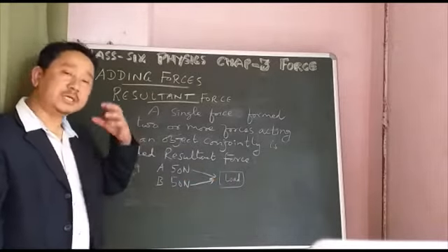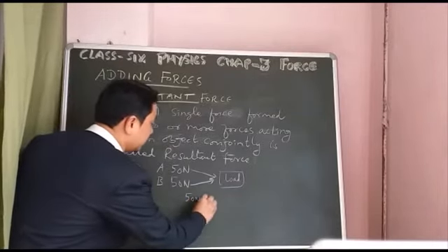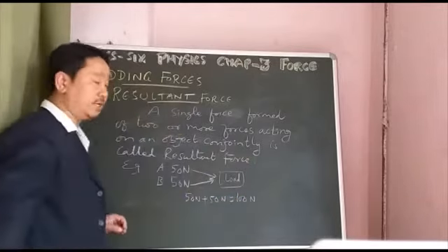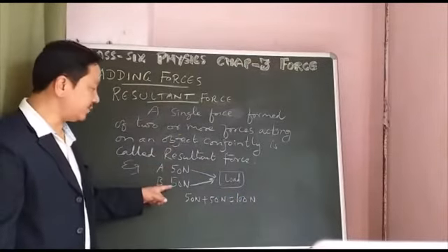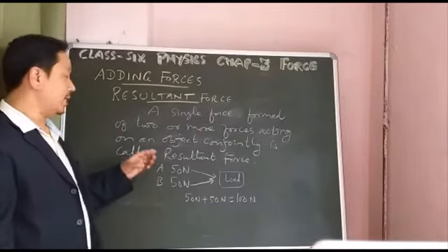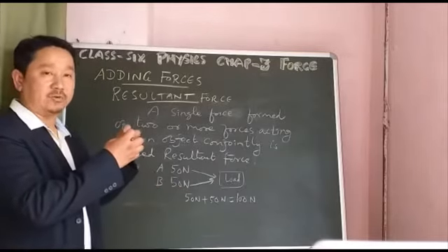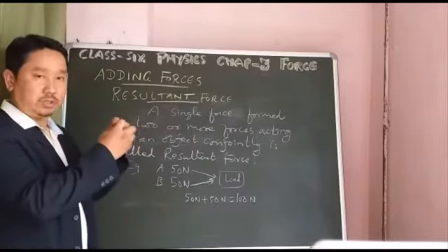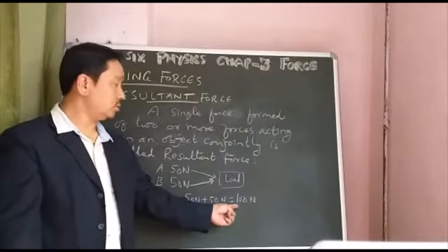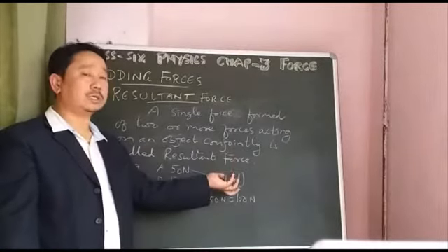So the resultant force will be 50 Newton plus 50 Newton, which is 100 Newton. See, the 50 Newton of the force applied by A and the 50 Newton of the force applied by B will be joined, will be summed up, and it becomes 100 Newton on this load, so that the load can be shifted.